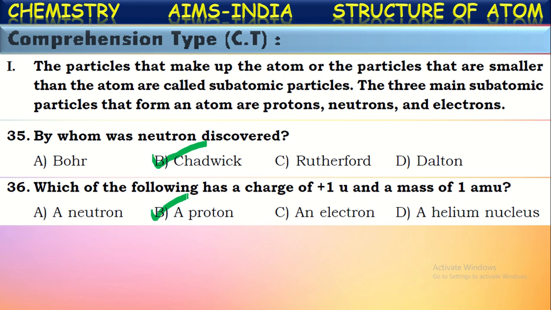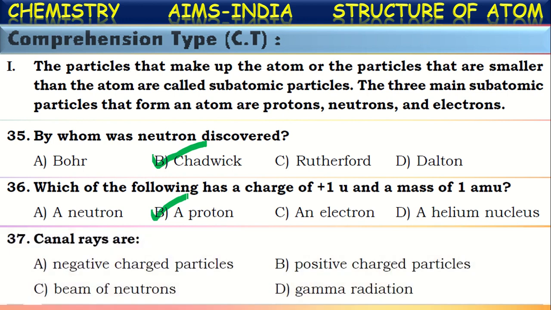Whereas electron has 1 unit negative charge and negligible mass. Neutron has 1 atomic unit mass, but no charge. But here the particle with 1 unit positive charge and 1 unit mass is a proton.